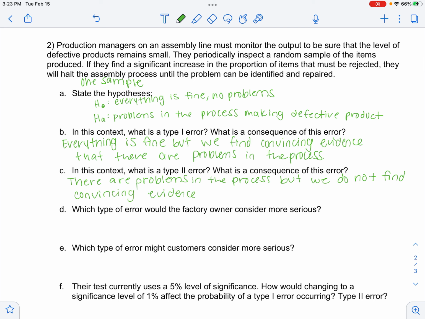So what could be a consequence of this? Well, clearly there's a problem that we're not addressing. So there is a problem happening, but we have not done anything to fix it.